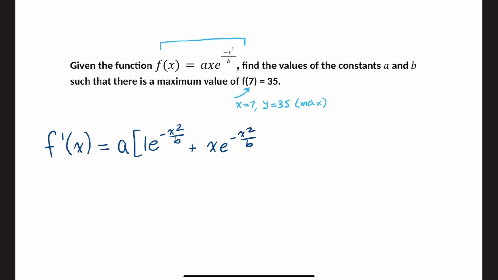Let me rewrite the exponent in a different way. This is the same thing as writing 1 over b multiplied by negative x squared. Now, 1 over b you can treat as a constant, and according to the constant multiple rule, we can just leave it out in front and just differentiate negative x squared. So doing that, you're going to get negative 2x over b as the derivative.